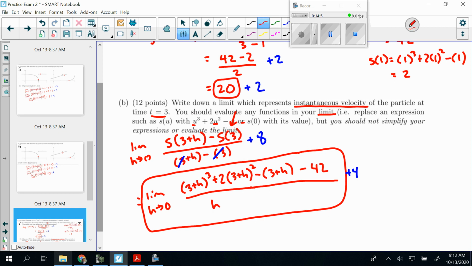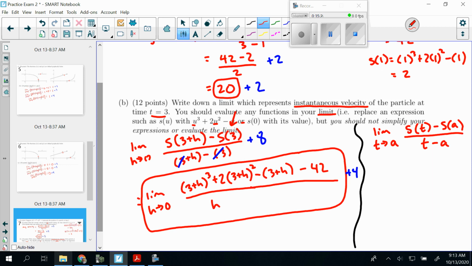There was that other limit definition of derivative you could also have used. We didn't spend as much time on that one, but you could still get full credit. That other limit definition is the one where it says limit as whatever your variable is, in this case time, approaches your value a in the problem, of s at t minus s at a over t minus a.